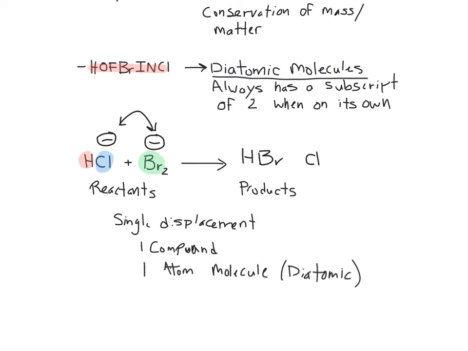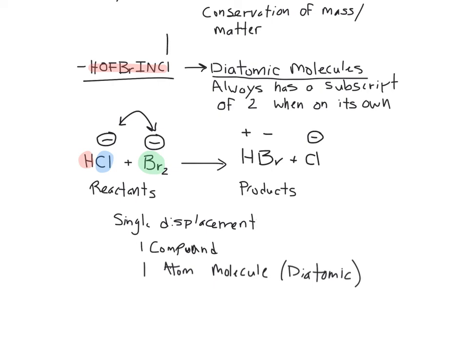Now it's important to create the correct formula for our products. Hydrogen has a charge of +1, bromine has a charge of -1, which means, as it's written, is acceptable. But chlorine right now is unhappy because it's all by itself with a charge of -1. So Hofbrinkel are atoms that pair together.